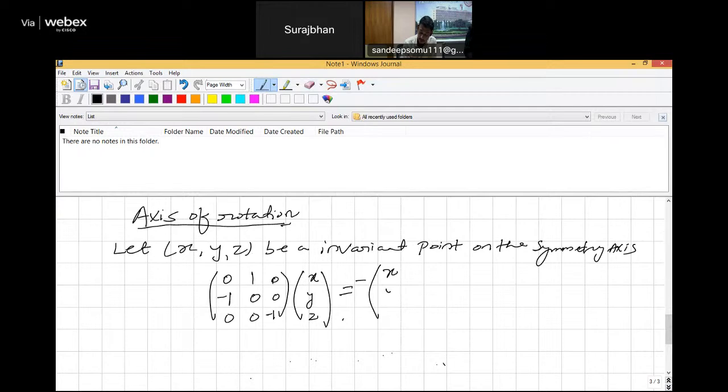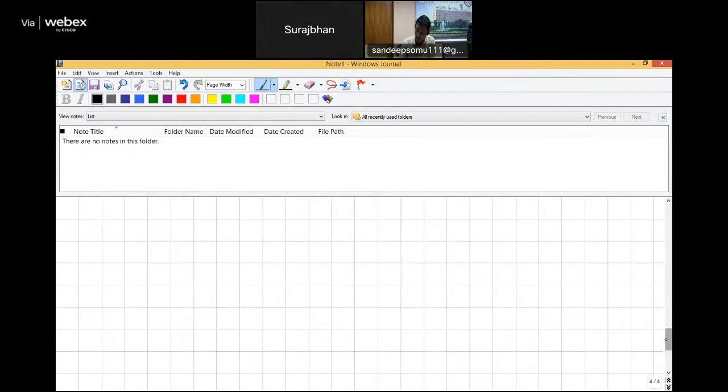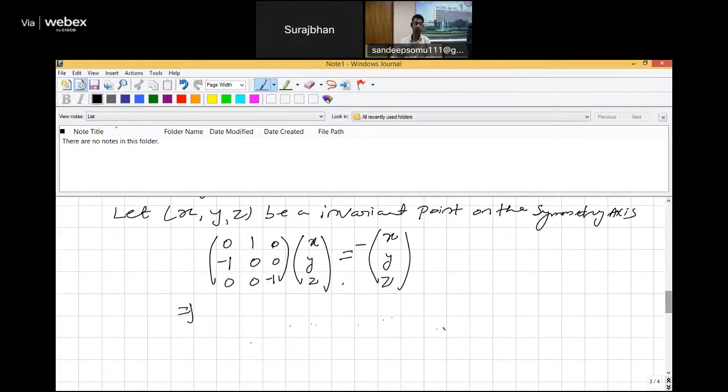So minus x, y, z equals the matrix times x, y, z, which gives y, minus x, minus z.